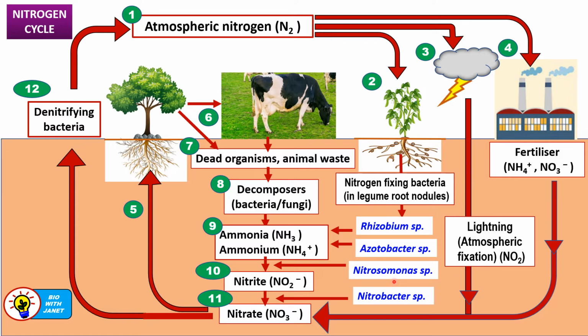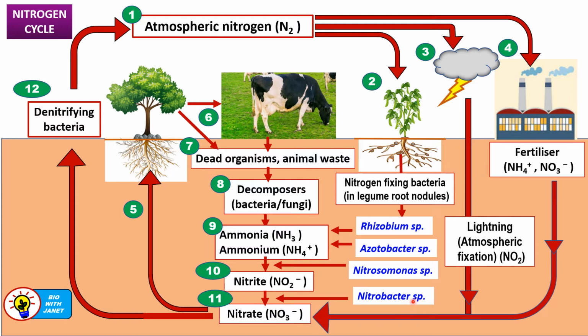All right? And this process is called nitrification. Then nitrite ions, NO2-, are converted to form nitrate ions, NO3-, through the nitrification process by nitrifying bacteria called Nitrobacter species.